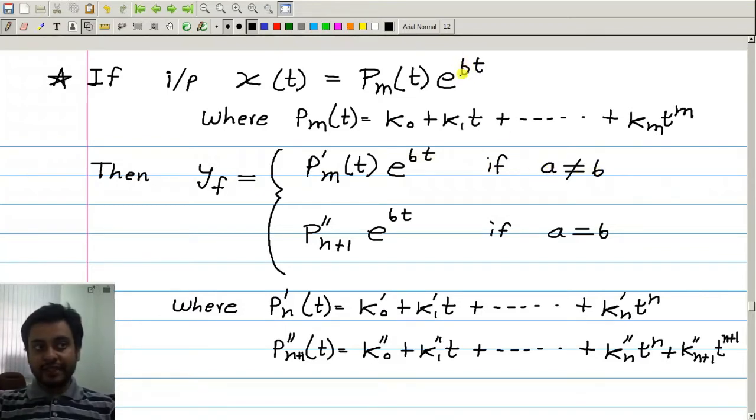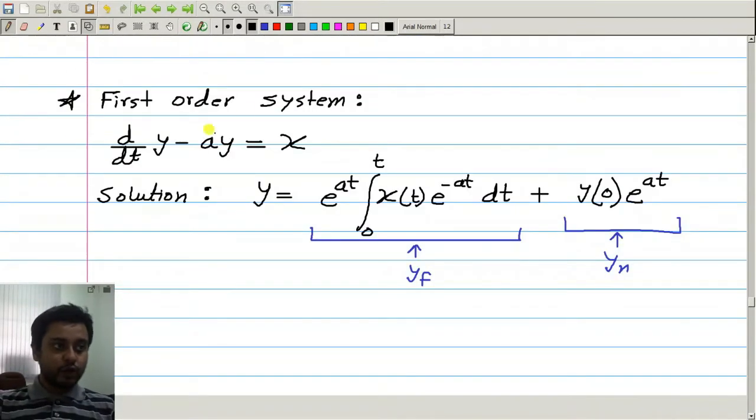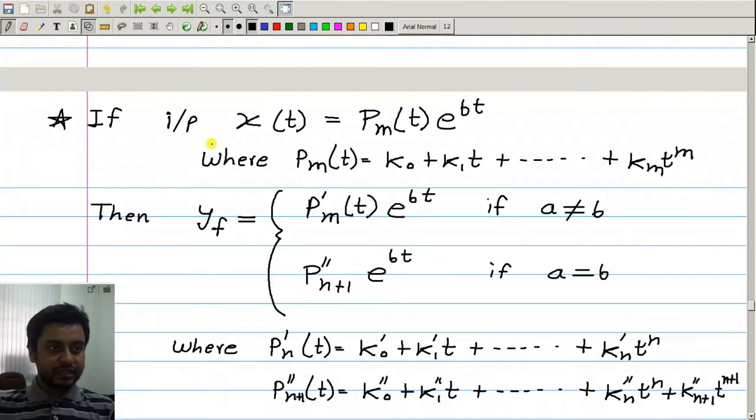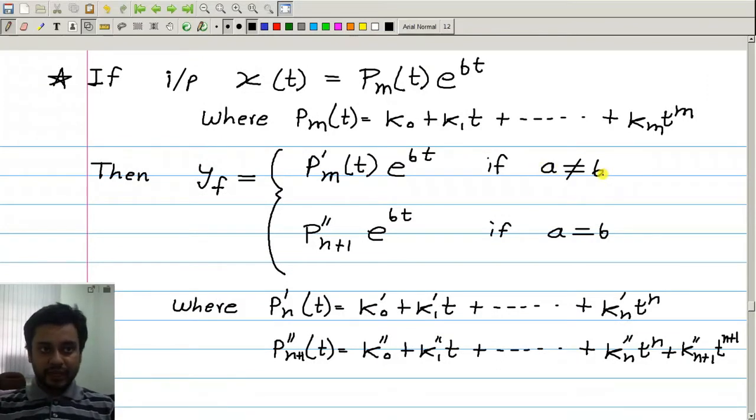B is the exponent in the input and a is this coefficient in the system equation. So if this a and b are unequal, then note that forced response has a very similar form like the input. Same exponent here and here, and this polynomial also has the same degree like the input.